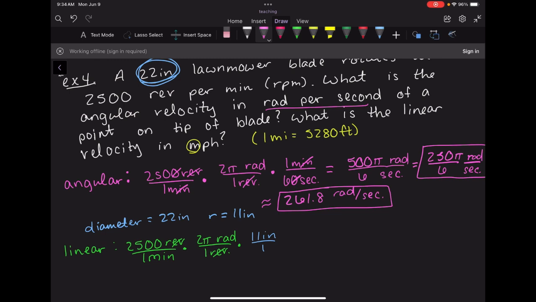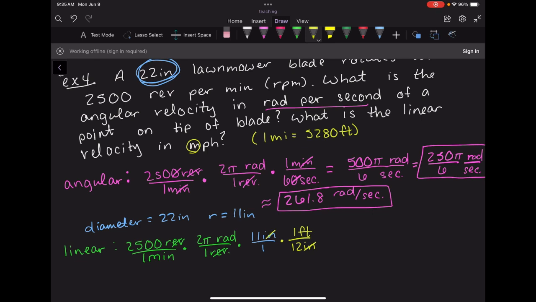So now I'm in inches over minutes. I need to get into miles per hour. So I need to go from inches, let me do this part in yellow. So I'm going to go from inches to feet. So I know that 1 foot is 12 inches. So that gets rid of inches.